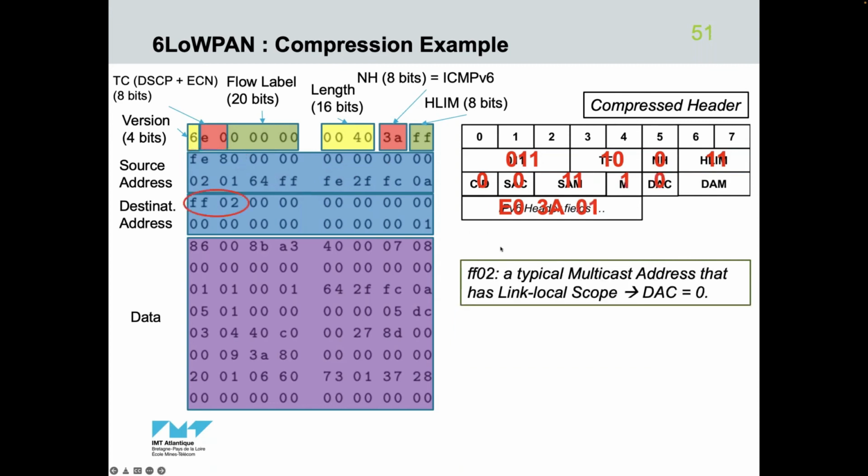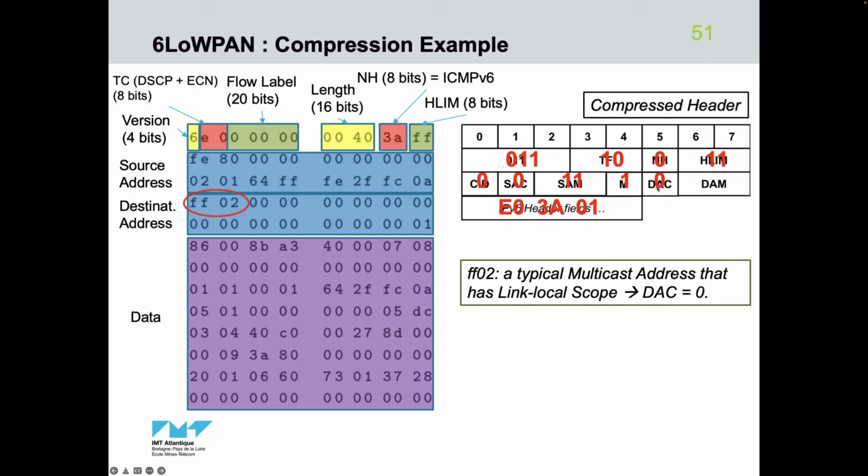Next, we have the multicast compression, the M field, which is equal to 1. So 1, what does it mean? It means that we have a destination address, which is a multicast address. It is true. Why? Because as you can see here, FF02, it is a typical multicast address. Okay, so that's why we have M equal to 1.